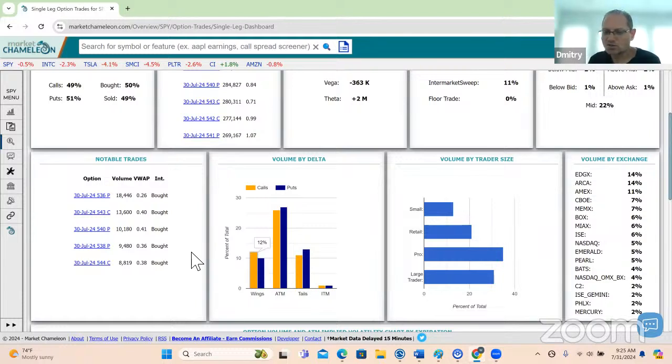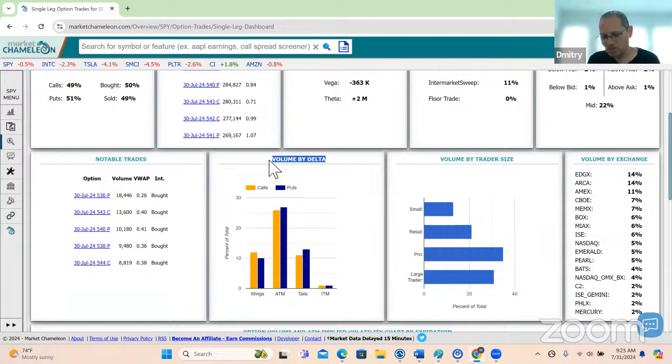The next thing we could do is look at the volume breakdown just by the delta. Breaking down the volume by delta is doing the following.